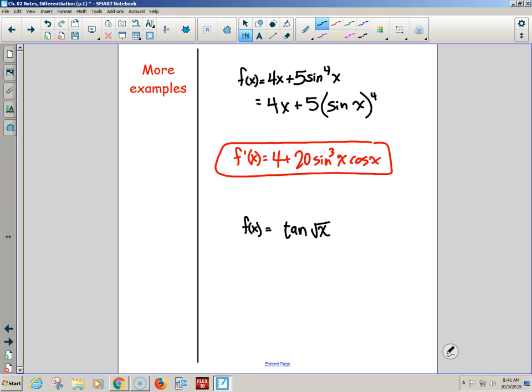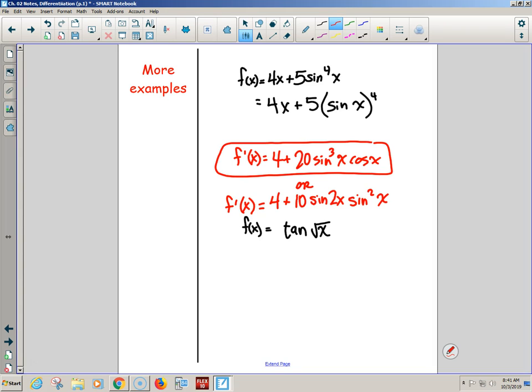Now, I'm just trying to be mean. I don't think that AP would have actually done this, but could you have made this match with 4 plus 10 sine 2x sine squared of x?